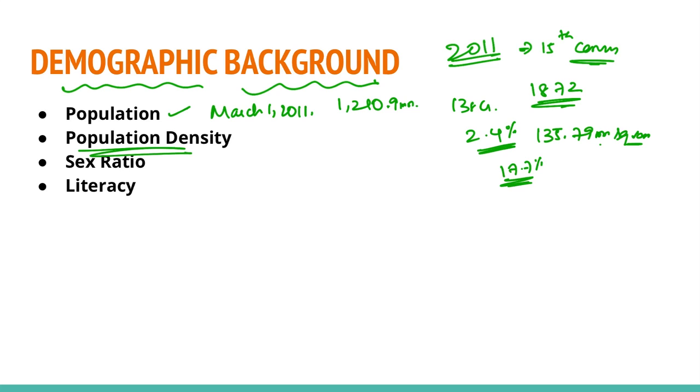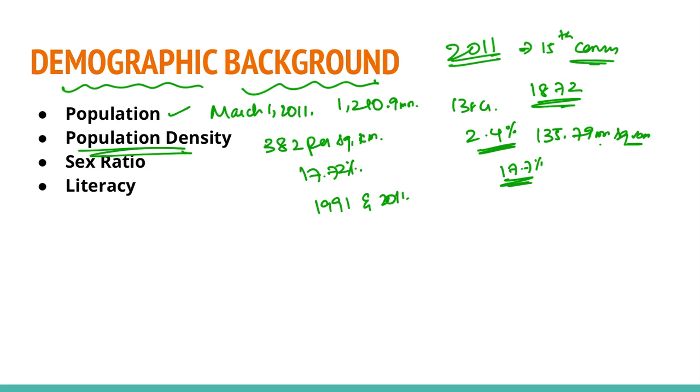Next, coming to population density, the population density of India in 2011 was 382 per square kilometer. Decadal growth is 17.72%. The density of the population increased in all states and union territories between 1991 and 2011.